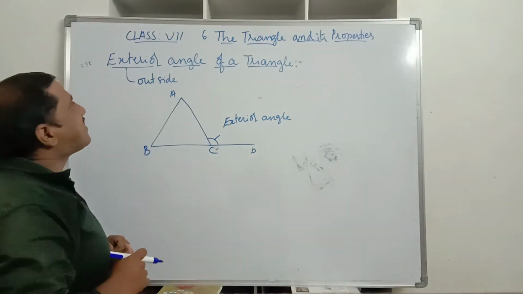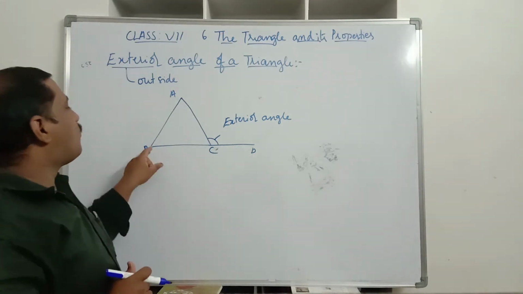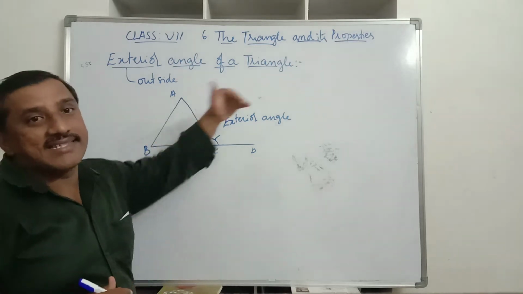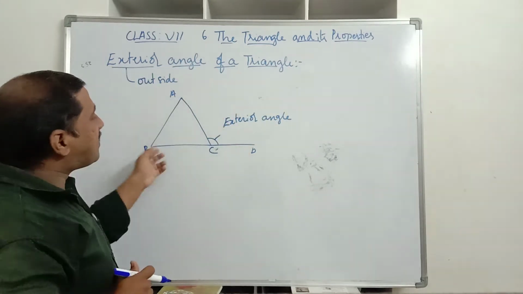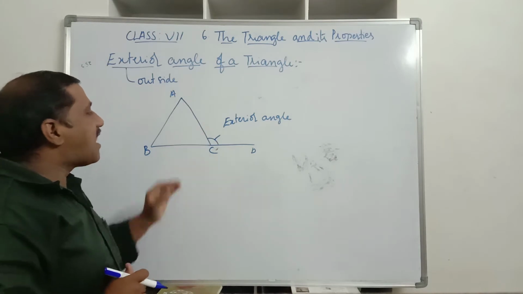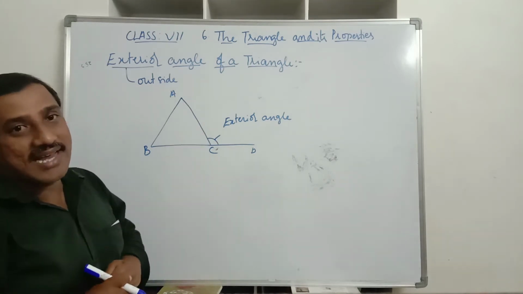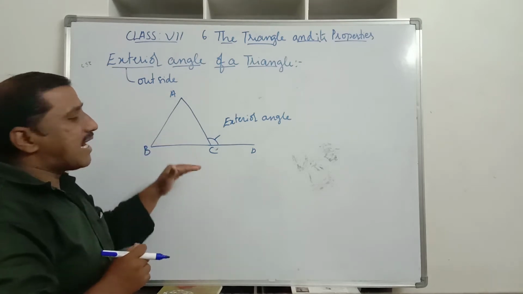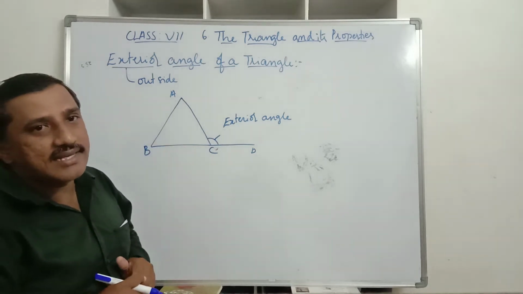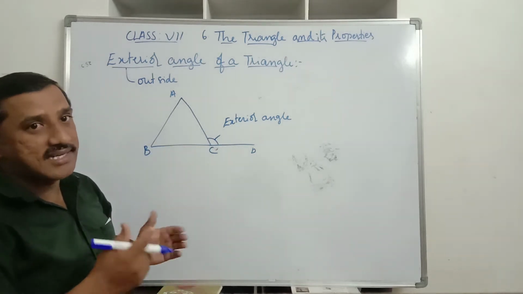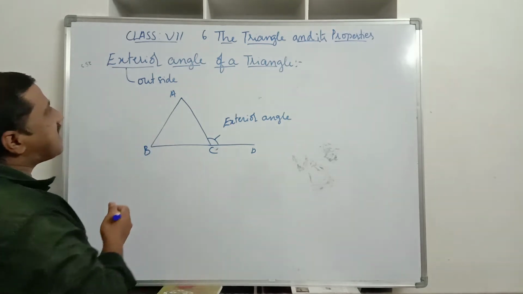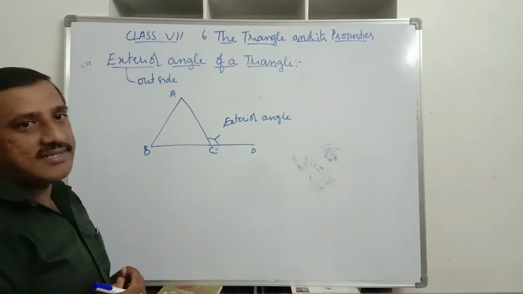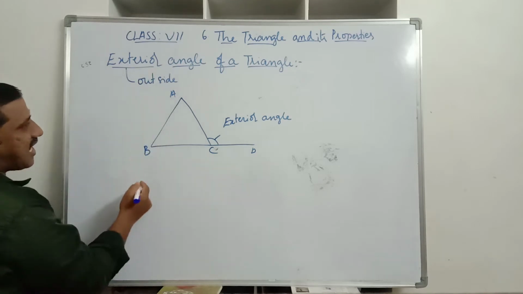So now what is the exterior angle of a triangle? When one side of the triangle is extended, then with that side and its adjacent side the angle is formed. That angle is known as exterior angle. So what is the exterior angle of a triangle?